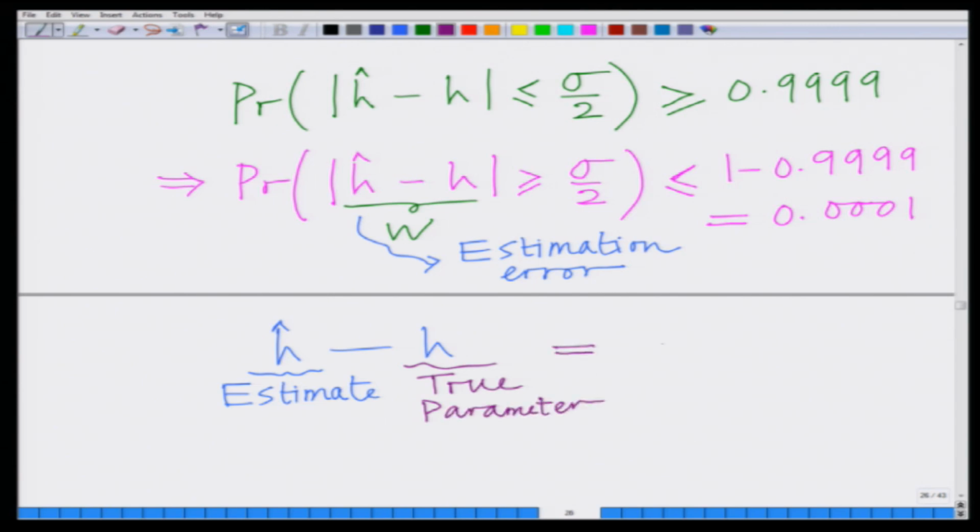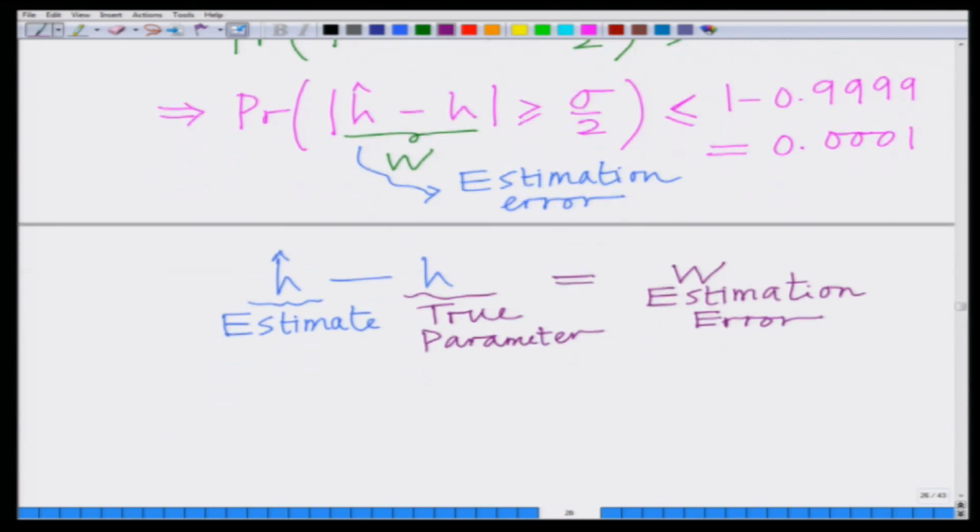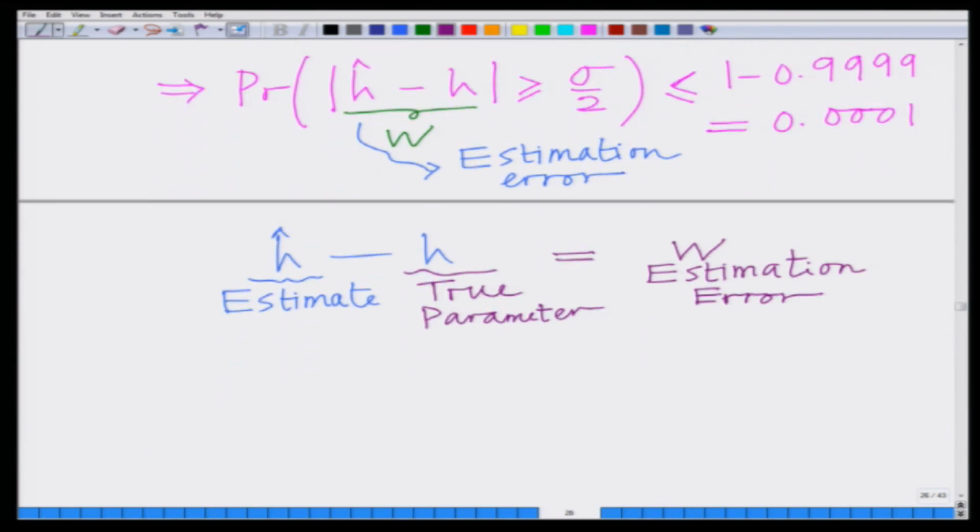Therefore, h hat minus h is equal to w, which is basically the estimation error.